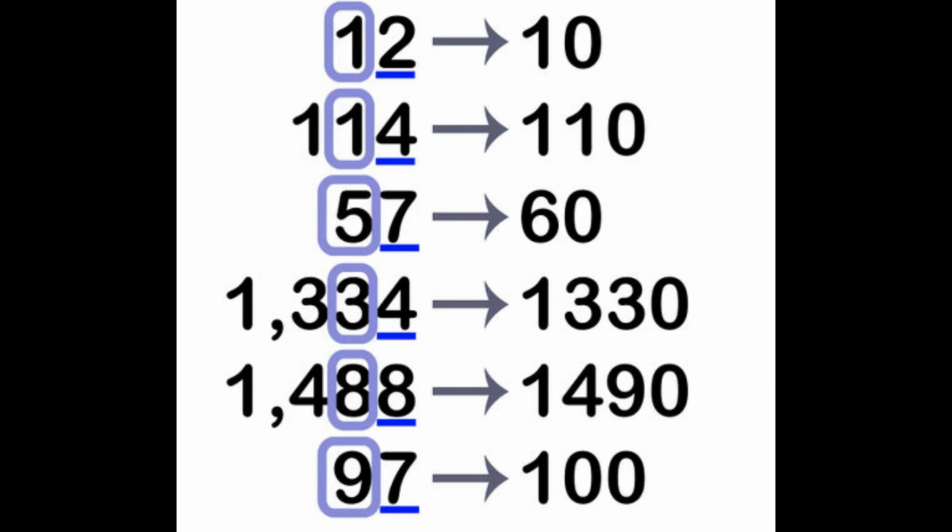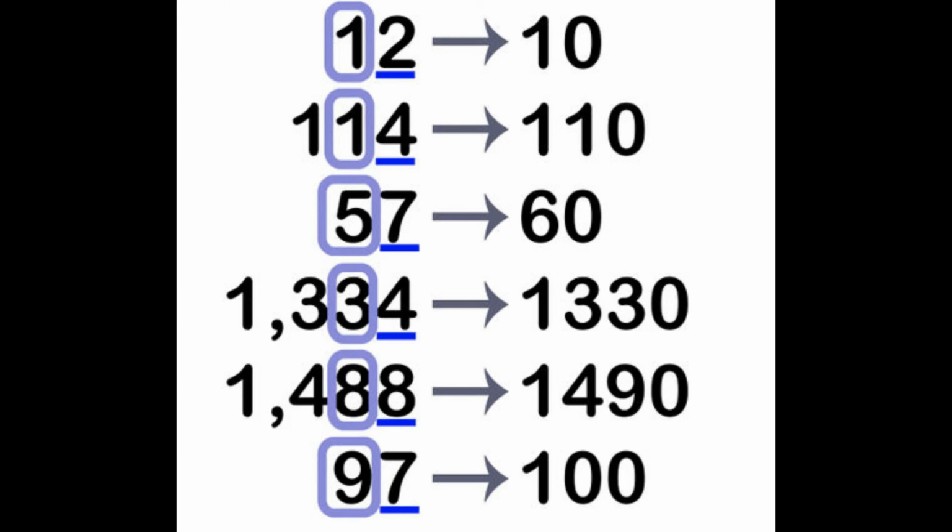For the third one, it's asking us to round to the nearest 10th again, and we look to the number to the right, and we see that it is 7, which we know is greater than 5, so we'd round upwards, and that would be 60. For the next one, which is 1334, rounding to the nearest 10th again, we look to the right, see it's 4, that's less than 5, we would round down to 1330.